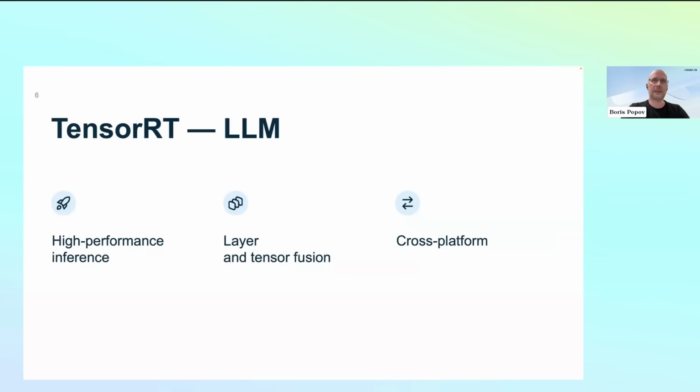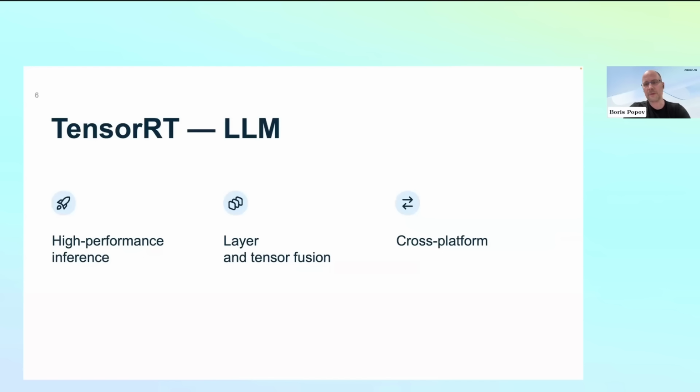So as I said, this example uses TensorRT with Triton Inference Server. TensorRT is NVIDIA's SDK for high performance deep learning inference on NVIDIA GPUs. It optimizes models for production environments by reducing latency and increasing throughput.